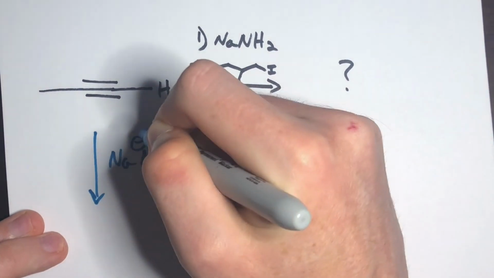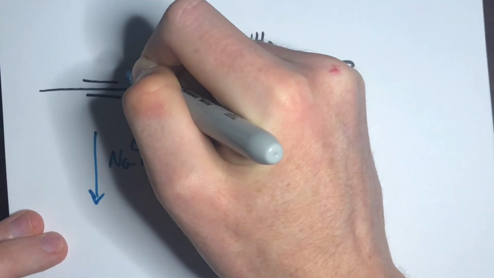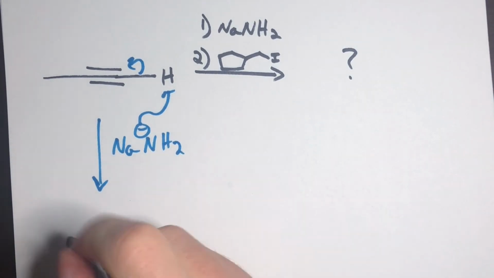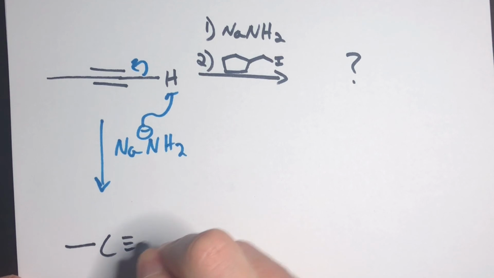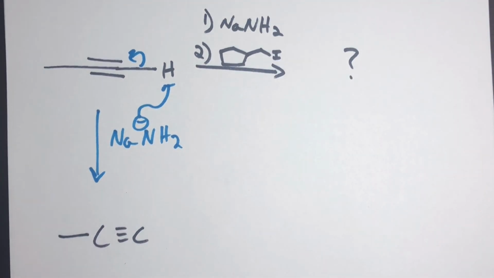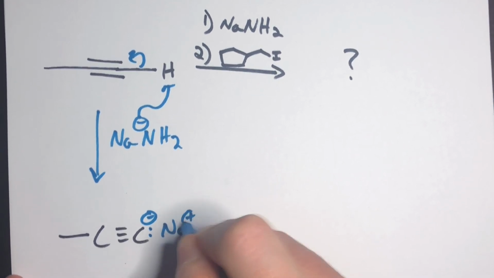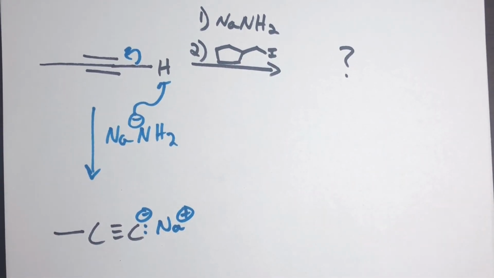This will remove the proton here and dump the electrons onto the carbanion, like this. Again, we have our sodium counter ion and NH3 as a byproduct.